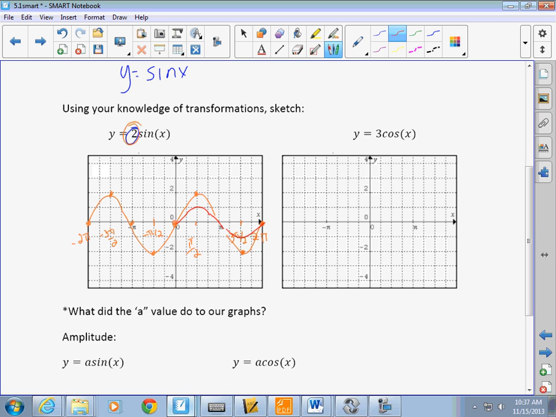So that would have been my regular graph in red. Yeah, the red graph is my y is equal to sine x. The orange graph is y is equal to 2 sine x.